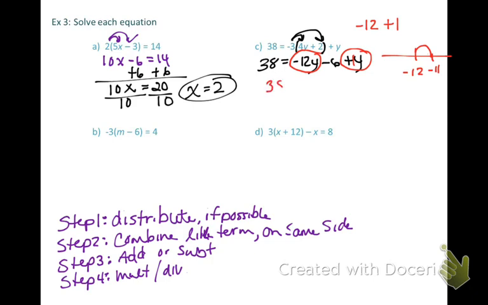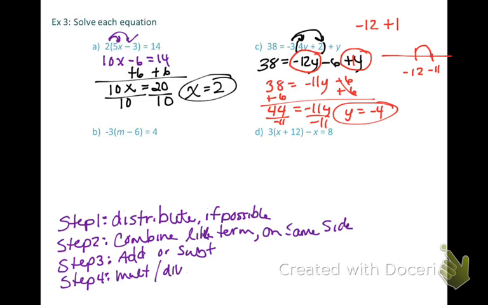So it's going to be 38 equals -11y minus 6. Now it's a 2-step equation, like I said. So step 3 means I'm going to add or subtract. So I'm going to add 6 to both sides. And that would be 44 equals -11y. So I'm going to divide by -11. And so y equals -4.